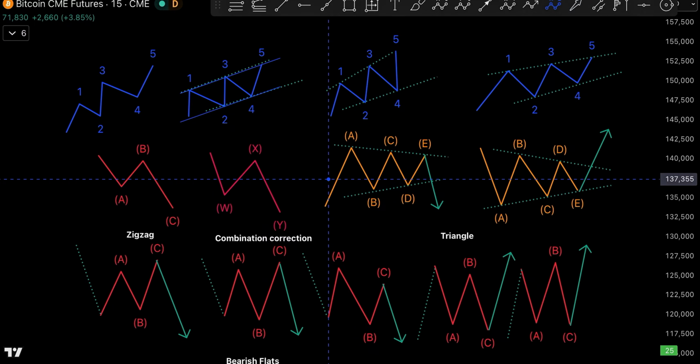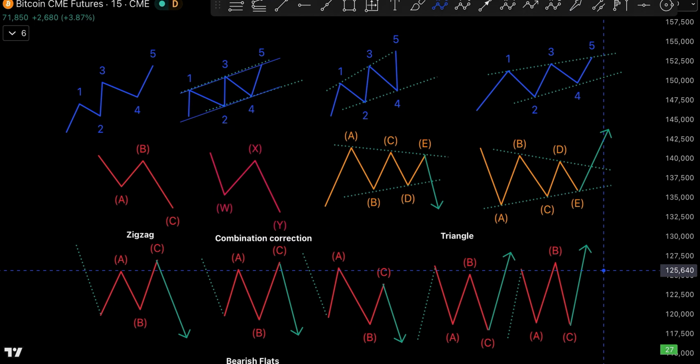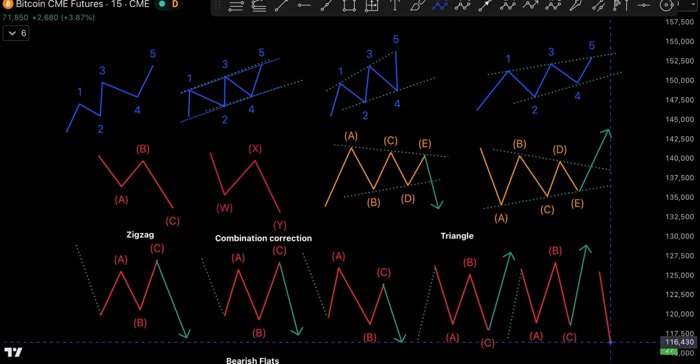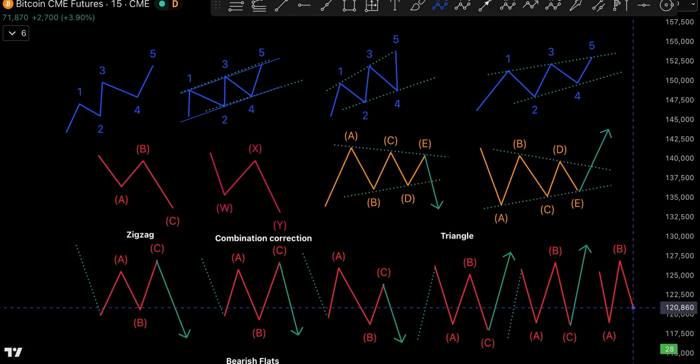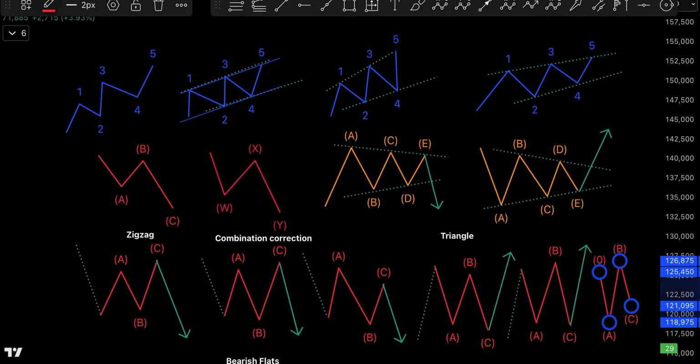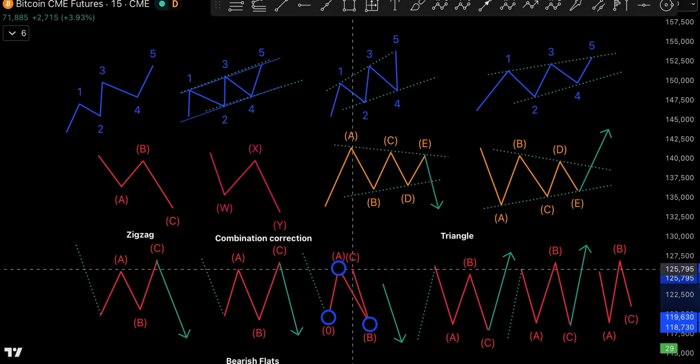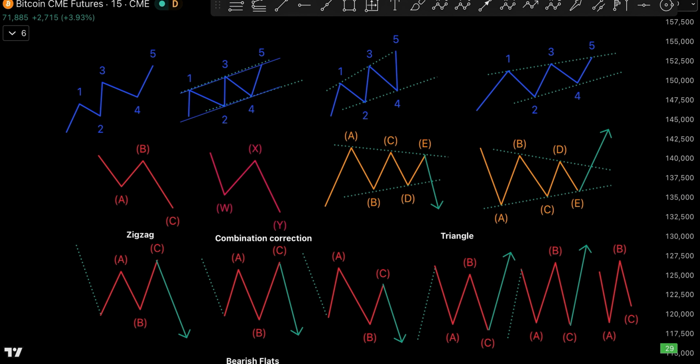And then we have to take the last flat, which is a running flat. A takes out this liquidity over here, B, and does not sweep this liquidity, finishing here as C. Similar to what happened here, if you can see, it did not sweep this liquidity and kept going down.